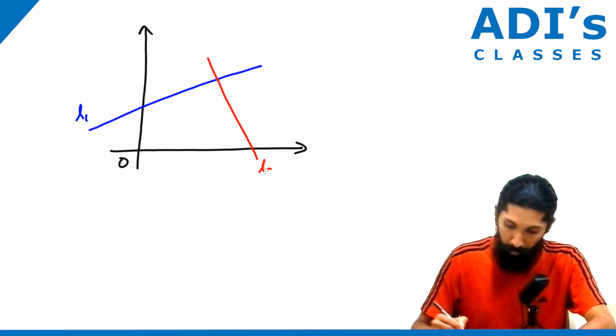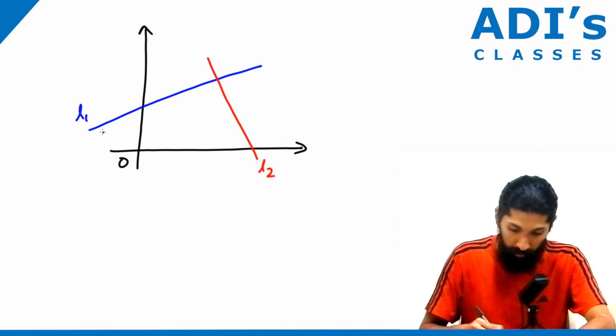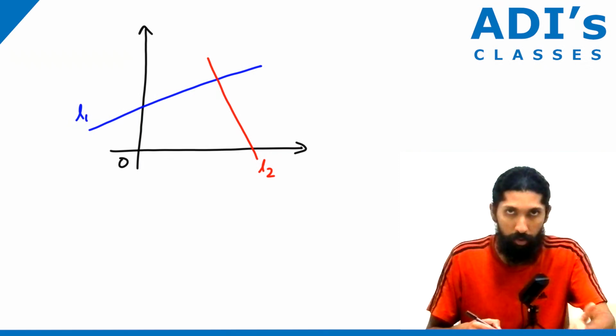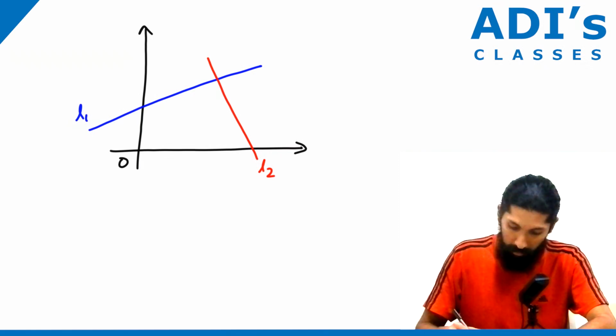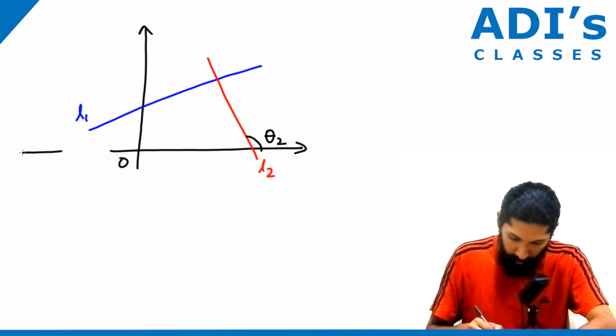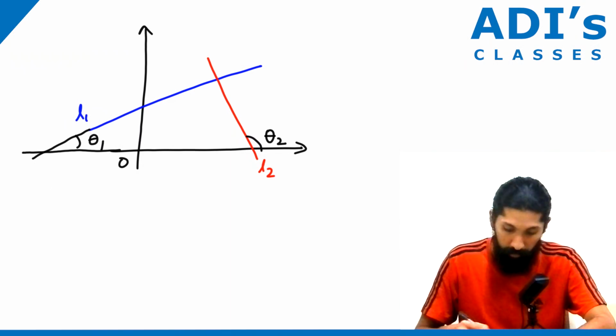Say this is L2. Let's just extend this. Let's call this theta 1, and this theta 2.